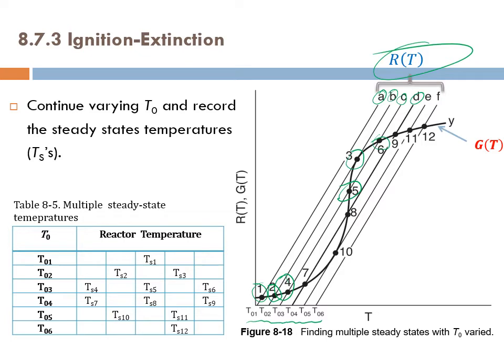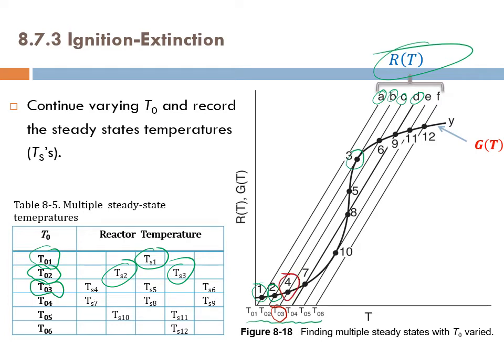So that's the table. When T naught equals T naught 1, we had one steady state, which is TS1. When T naught equals T naught 2, we had two steady states, correct? When T naught equals T naught 3, we had three steady states here, as you can see.